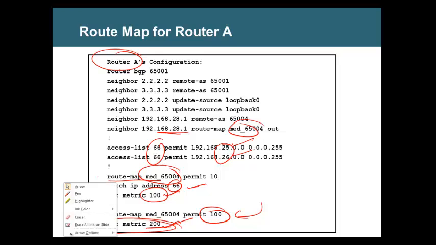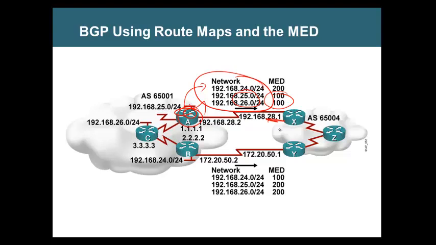See, this is out. You're advertising to the eBGP neighbor. You're not taking, you're giving. See the arrow mark there. The networks belong to you, you're giving them to router X. Is this clear? Is it clear why it is out?